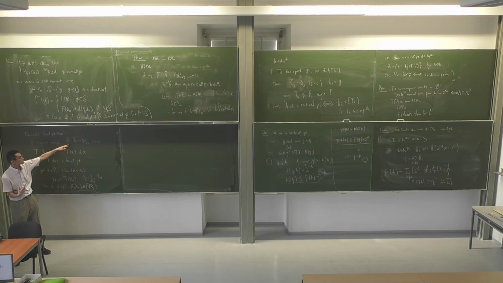But of course, there's no omega 1 length decreasing sequence on the line. So at some point, F of x alpha and F of x alpha plus 1 have the same value. But that means that's a fixed point because of this condition.